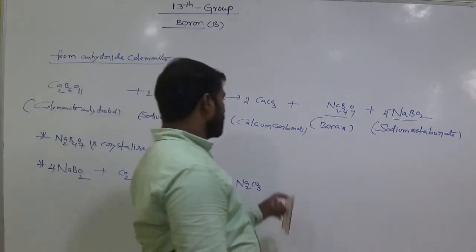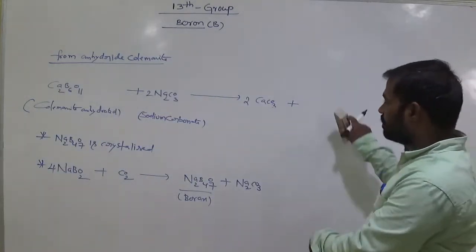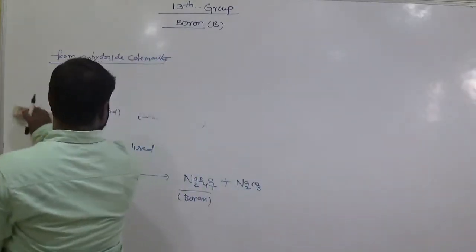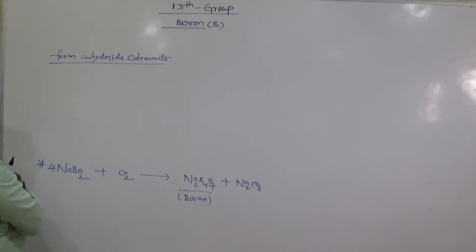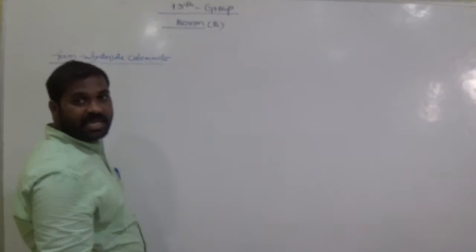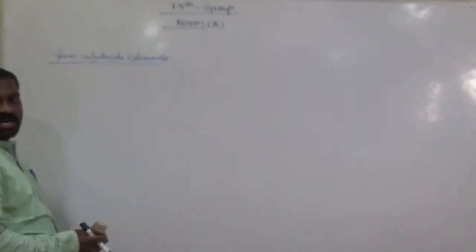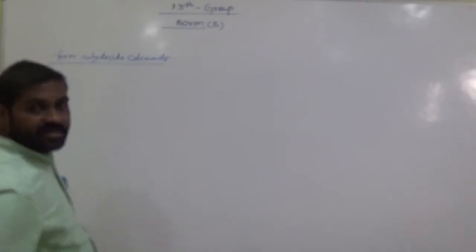Clear. Now by using that borax compound, again we can prepare B2O3. What are the two important steps to prepare boron? One is preparation of B2O3, another one is reduction of B2O3 to boron. Here we prepare borax from colemanite. Anhydrous borax we prepare.